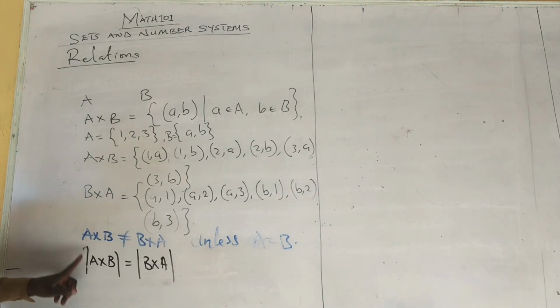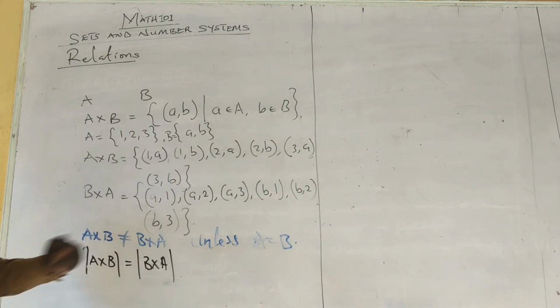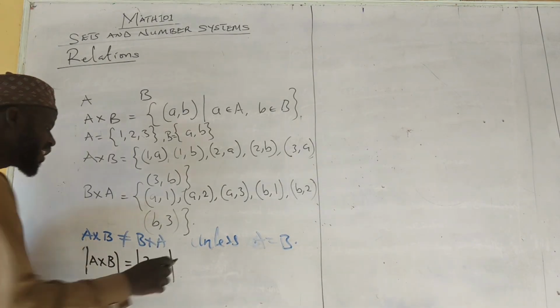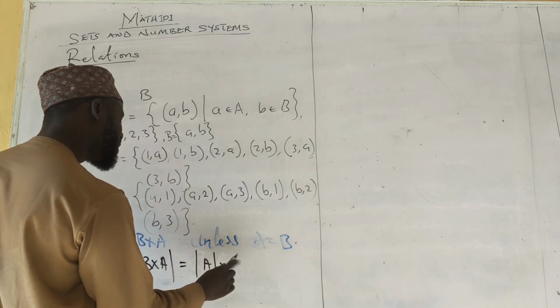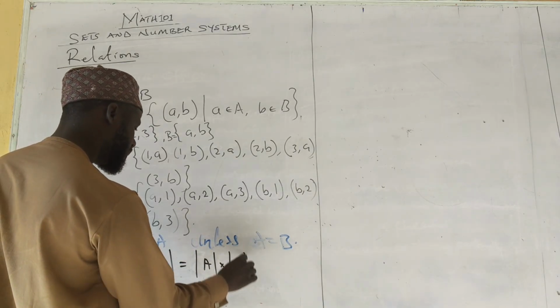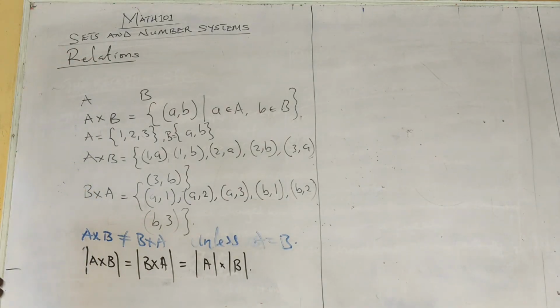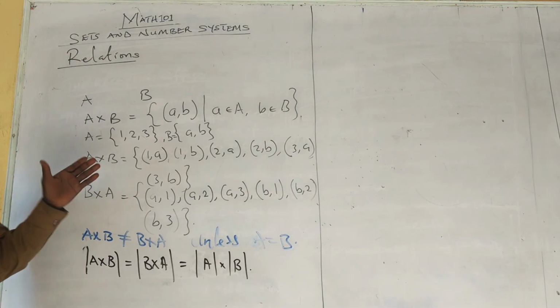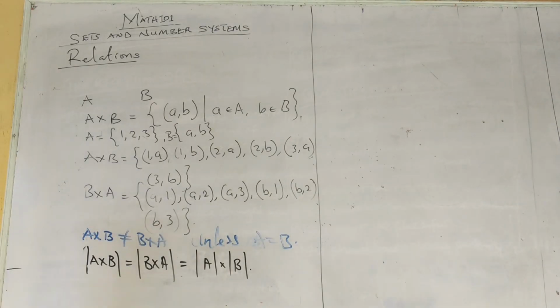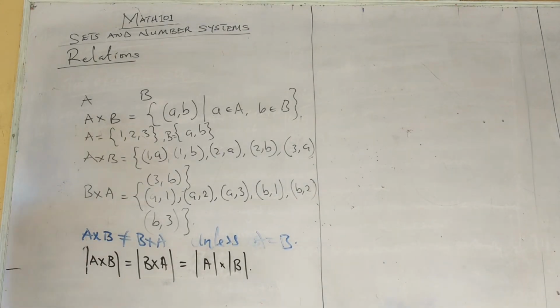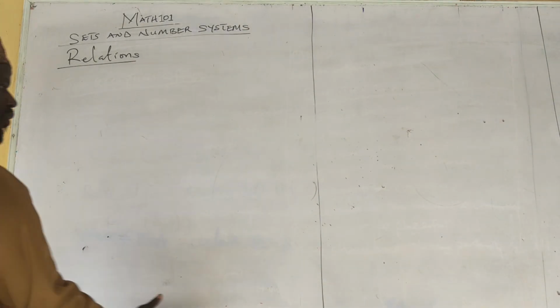So the size of A cross B is equal to the size of B cross A, and that is equal to the size of A times the size of B. Once A and B are finite sets, this is always true for the Cartesian product of the two sets.